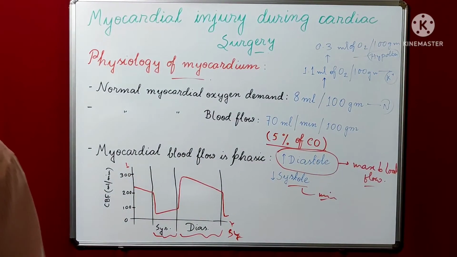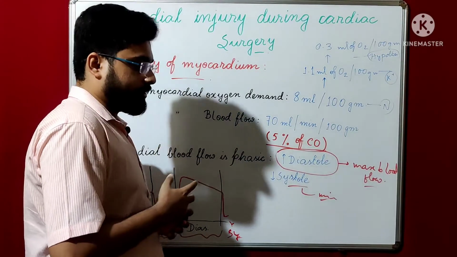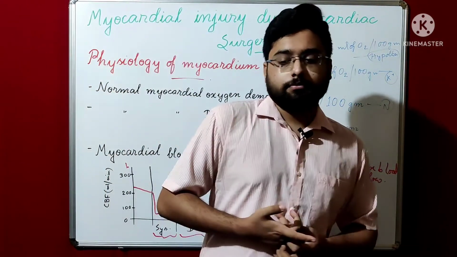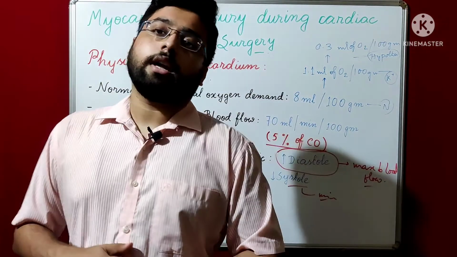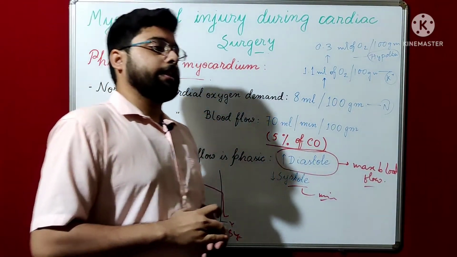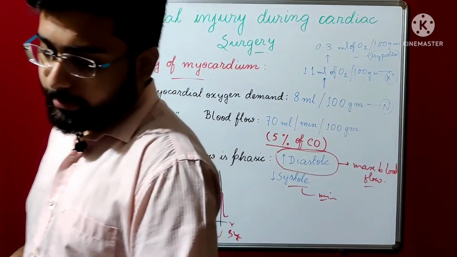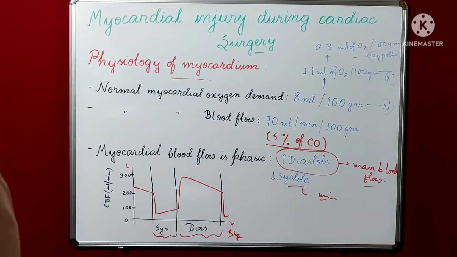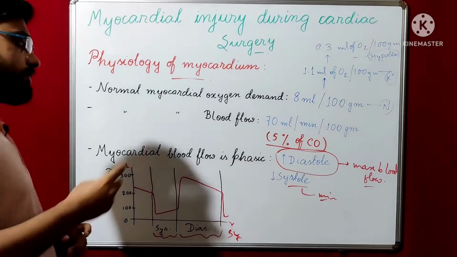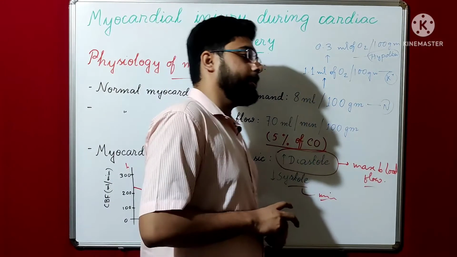Because if there is hypoperfusion, then anaerobic metabolism will occur, and we all know in normal physiology aerobic metabolism occurs, and from only 1 mole of glucose almost 36 moles of ATP are generated, whereas in anaerobic conditions from 1 mole of glucose only 2 moles of adenosine triphosphate, 2 moles of ATP, are generated.